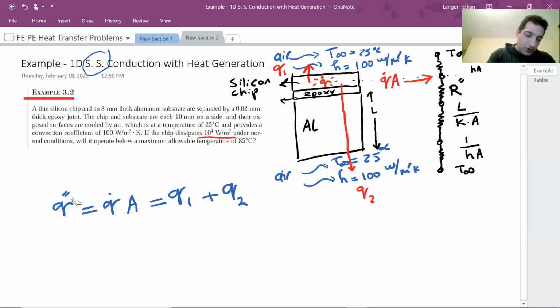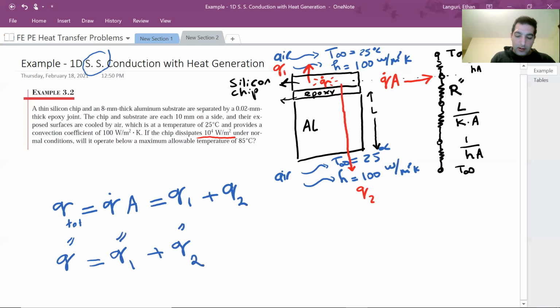well, at this point, I'm going to show it with Q total. If this is the case, I'm going to divide all sides by area and say the heat flux generated in a silicon chip is equal to heat flux going through top layer plus heat flux going through the bottom layer.